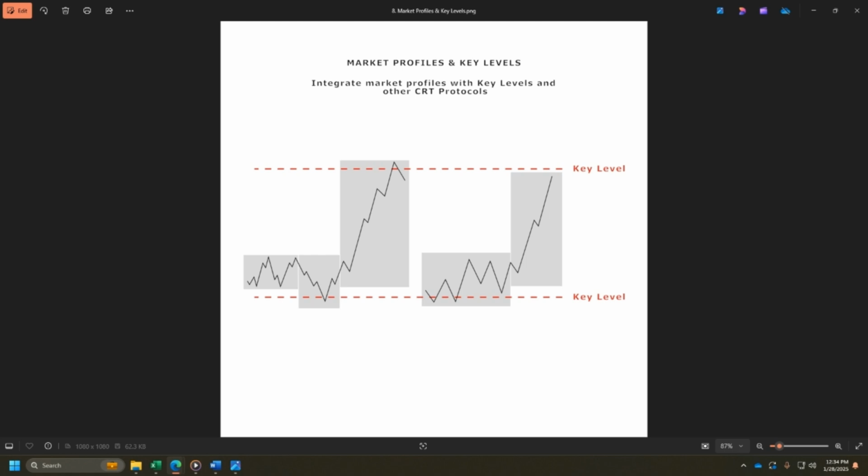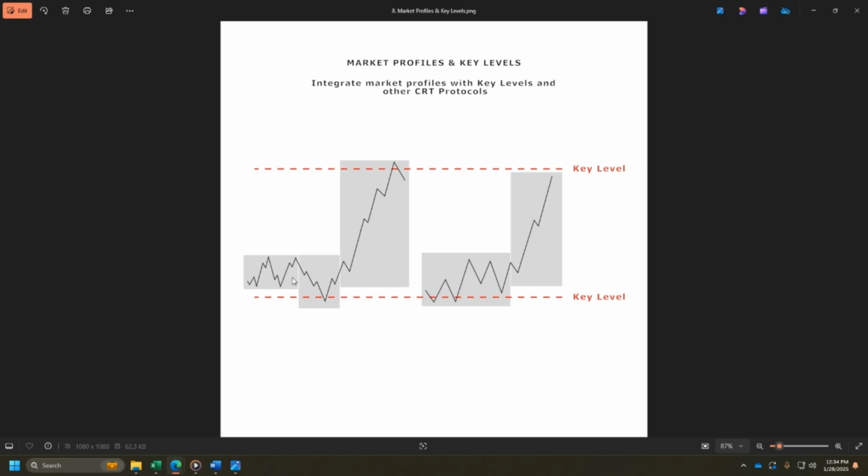In this case, we're talking market profiles. We'll go over key levels in the next chapter, but right now, I just wanted to show you a representation of how market profiles would work with key levels.